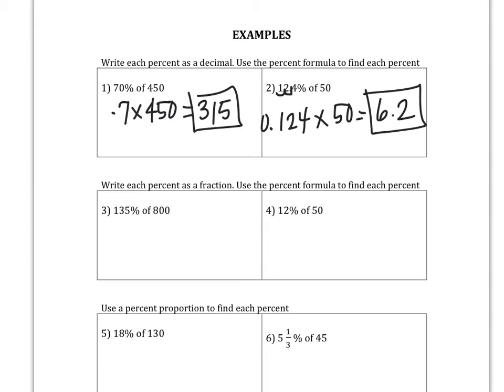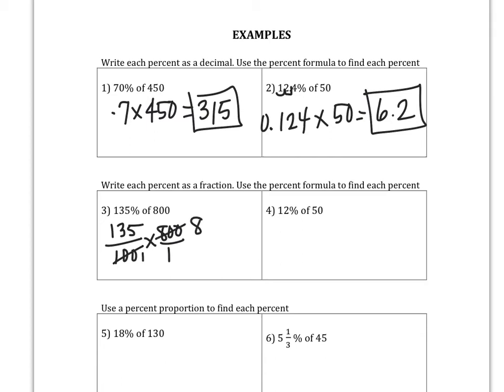Number 3, we're going to write each percent as a fraction and then use the percent formula to find each percentage. So 135% written as a fraction is 135 over 100. Of means times 800. Put that over 1. I'm going to cross reduce here, and that's going to be an 8 and a 1.